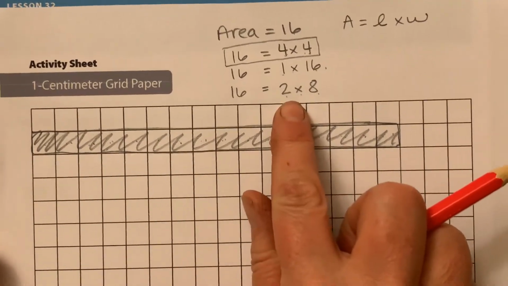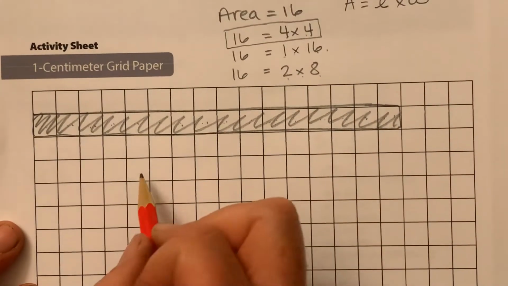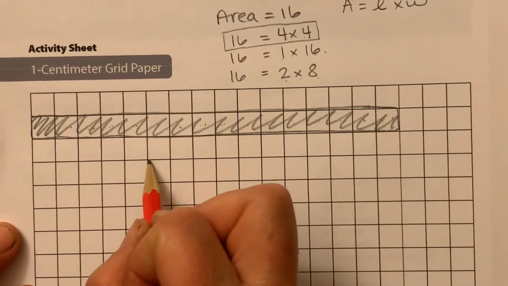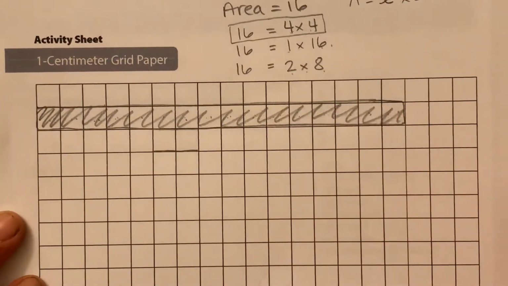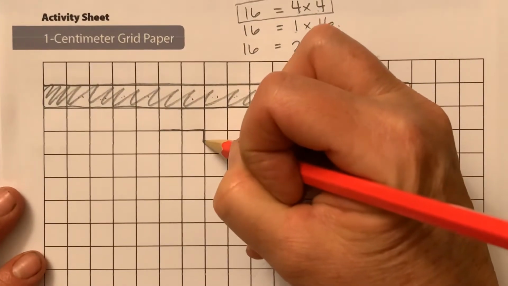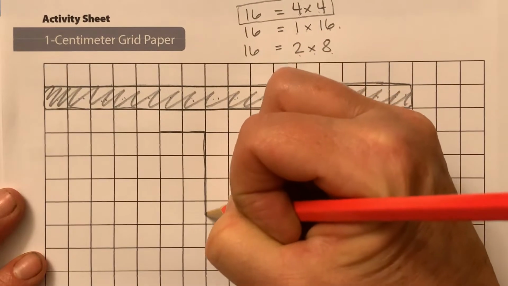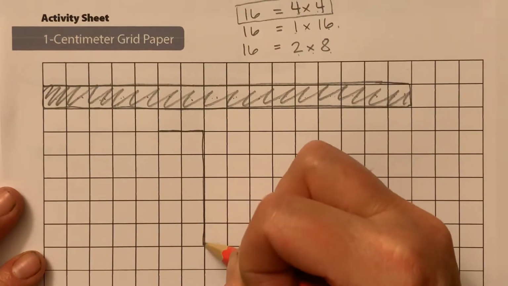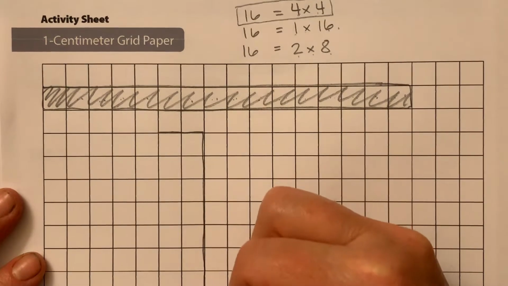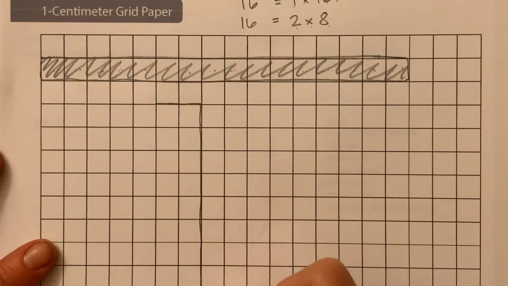Now, can I draw a 2 by 8? I can. So let's do 2. 1, 2. Now, how many down do I have to go? What's my width? 1, 2, 3, 4, 5, 6, 7, 8. Did we get that all on the camera? There we go.